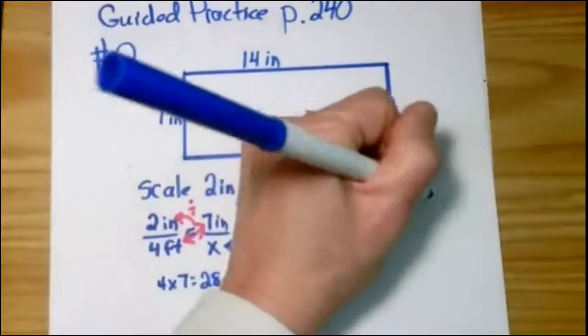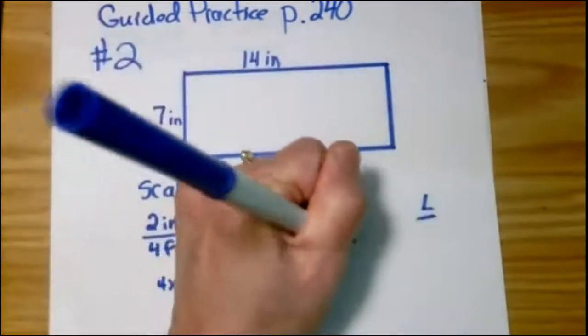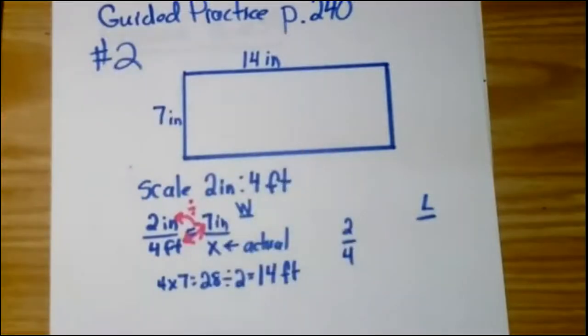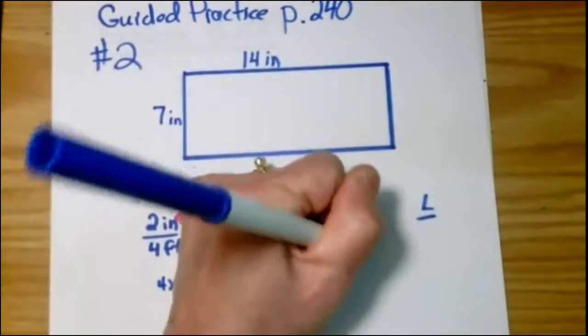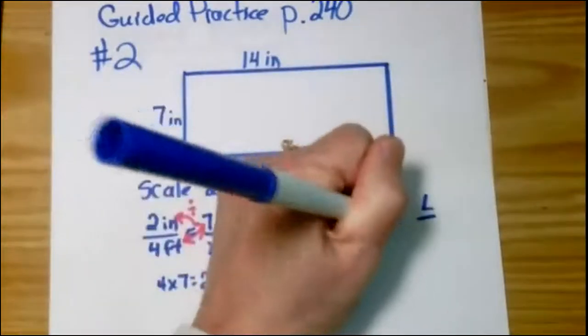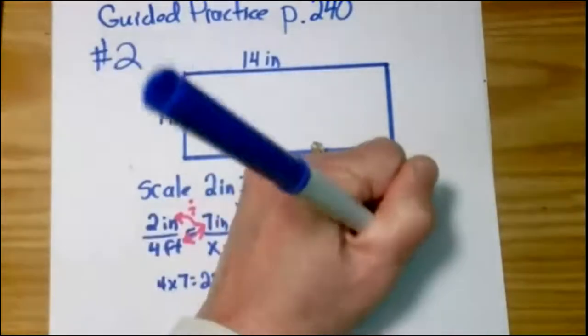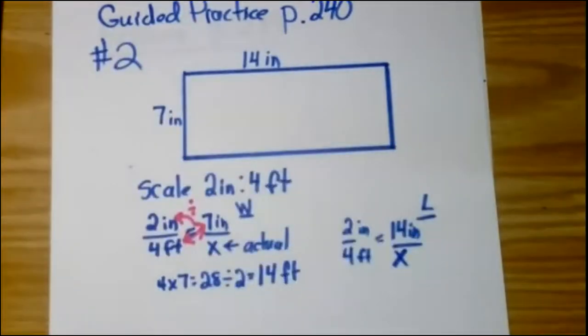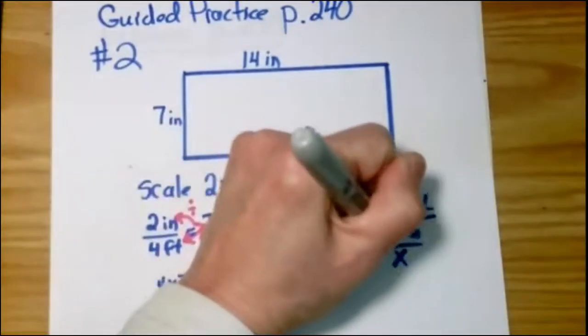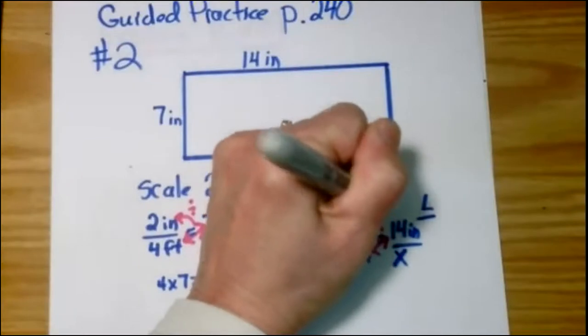Now the actual length, same thing. 2 inches to 4 feet is equal to, well, we know 14 is our length in inches on the scale drawing. We are looking for the actual length. Cross multiply what we do know and divide by the number that's left.